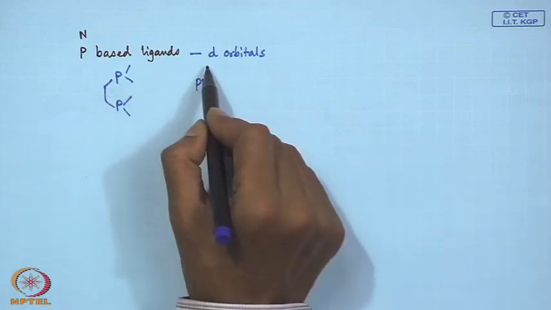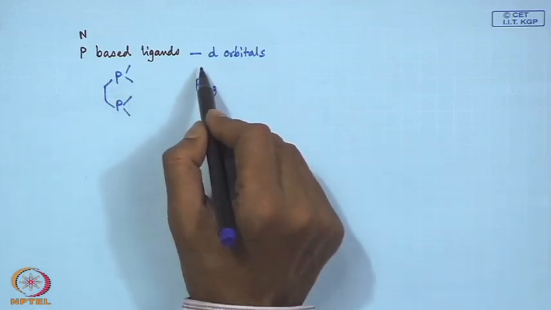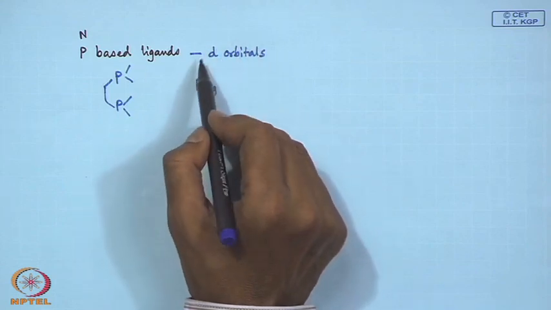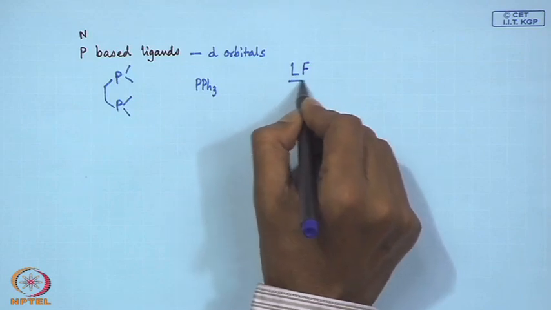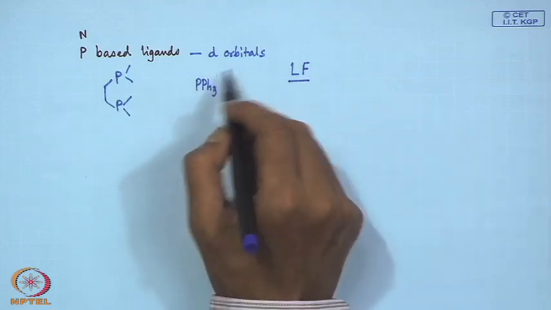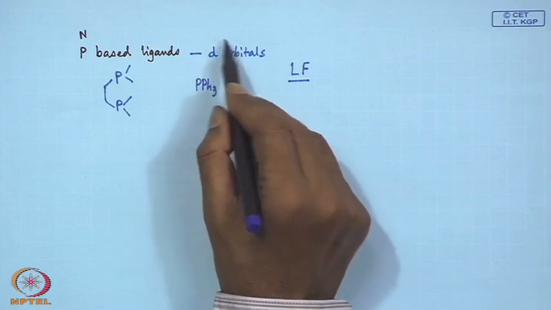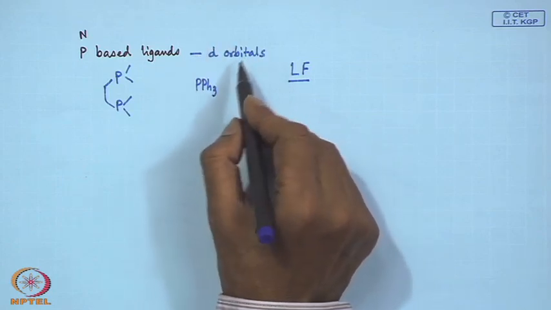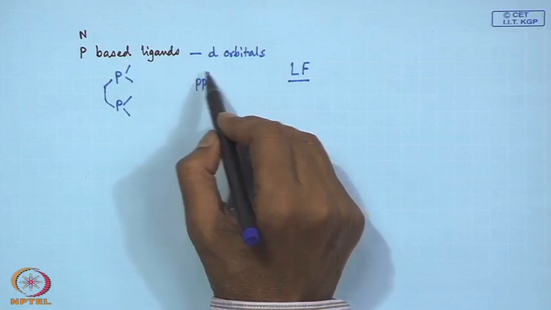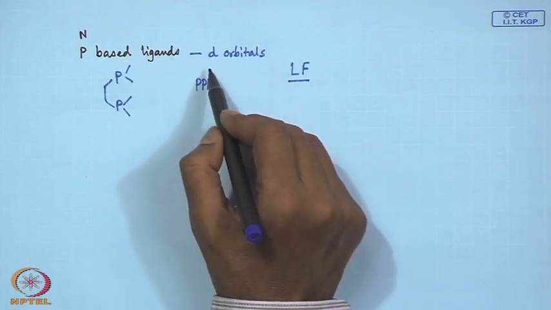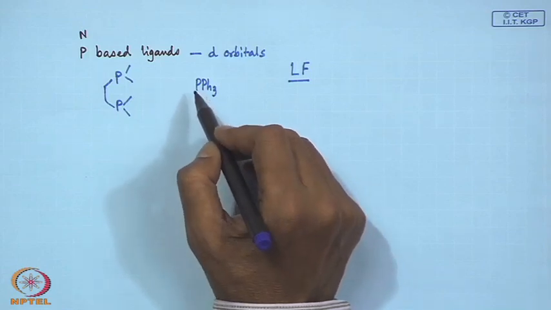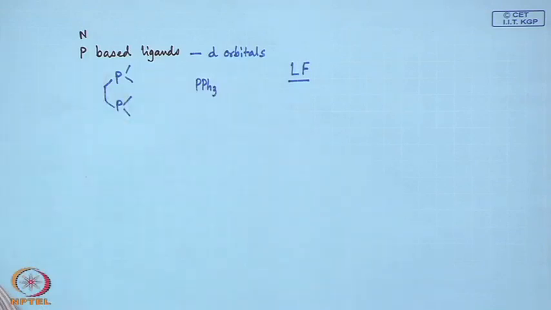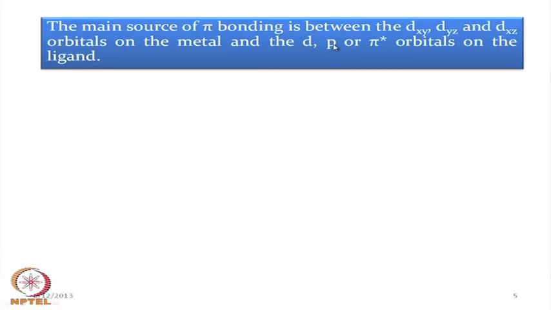So, all these have the corresponding d orbitals, and these d orbitals can now participate in the formation of these ligand fields around the metal ion, and they do participate in some way if they have some filled electron density. That means these d orbitals on the phosphorus atoms are filled. So, the electrons from these d orbitals can be donated to the metal orbitals if they are vacant. We have the p orbitals, like nitrogen and oxygen, which we have already discussed.